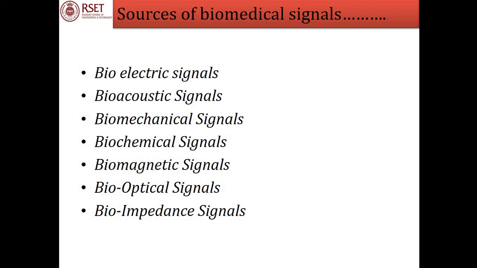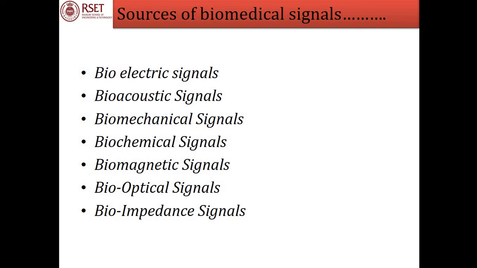Biomagnetic signals are extremely weak magnetic fields produced by various organs such as the heart, brain, lungs, etc. We may have bio-optical signals which are generated as a result of the optical activities of the biological system.